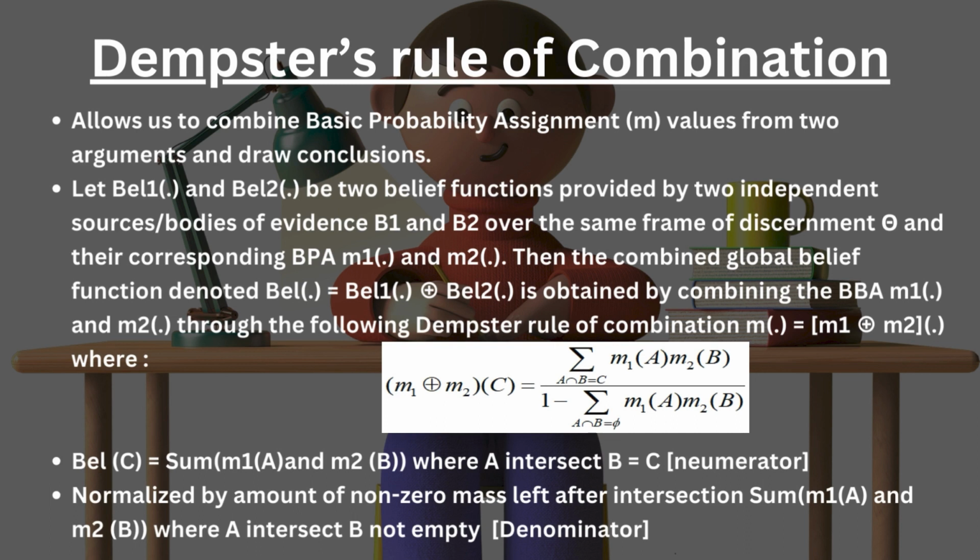The combined global belief function takes into account the basic probability values M1 and M2 from both sources and provides a unified belief function that reflects the combination of evidence.